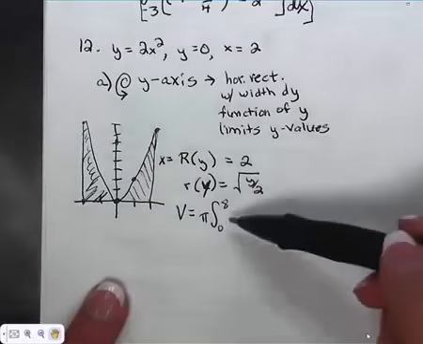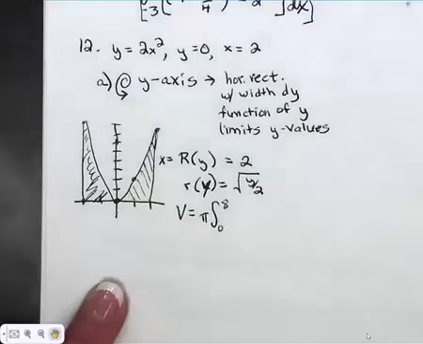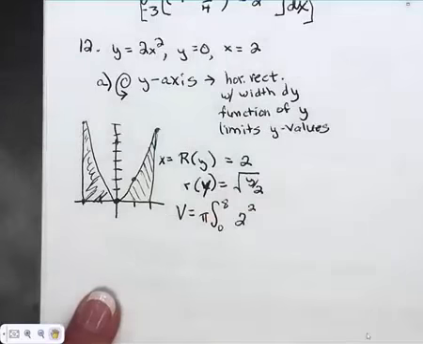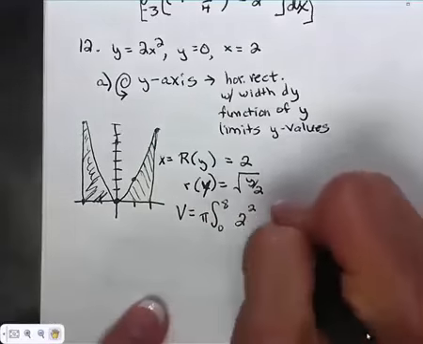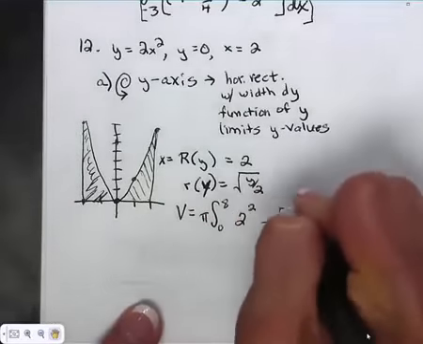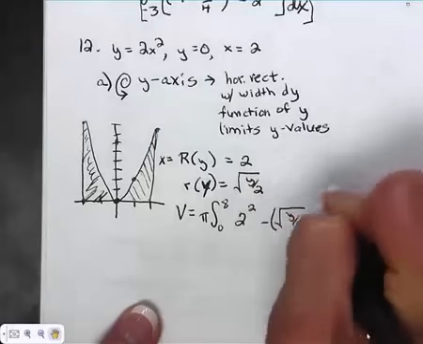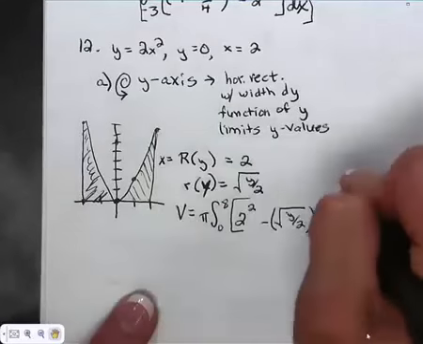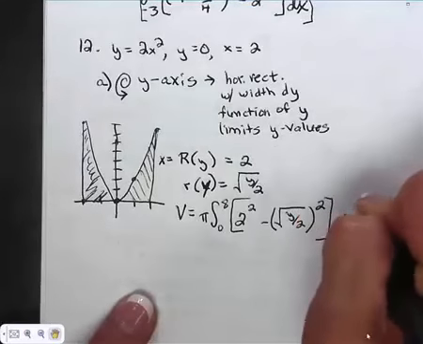Integrate over a range of y values, 0 to 8. Outer radius squared minus inner radius squared with respect to y.